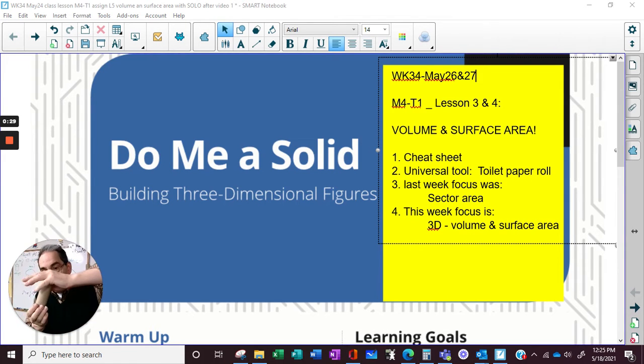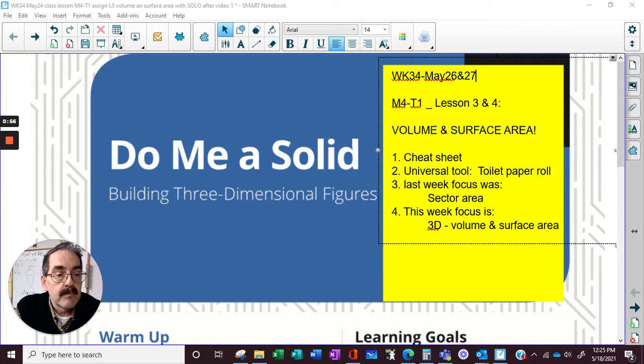Then on Monday, Tuesday, we capped it and we calculated volume of three-dimensional objects. Today, we want to open this up and calculate surface area. How much stuff does it take when we open this? What is the surface area of an object?